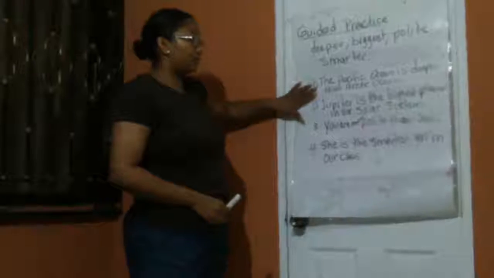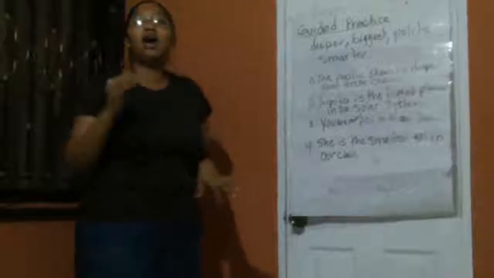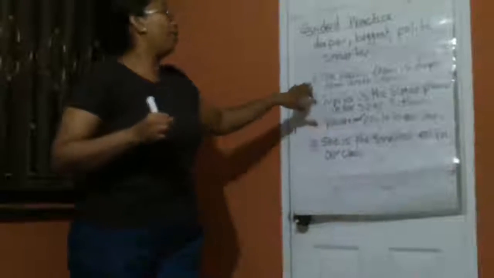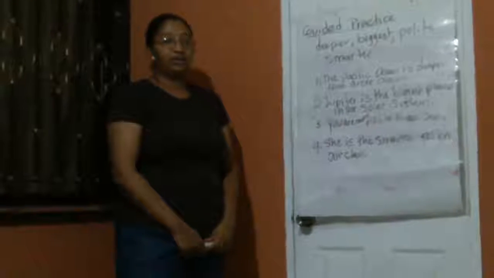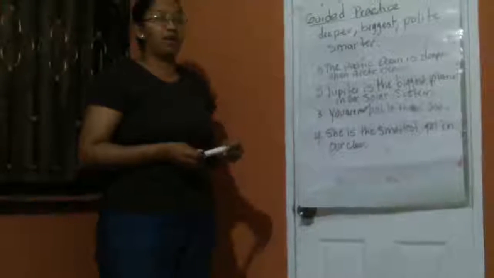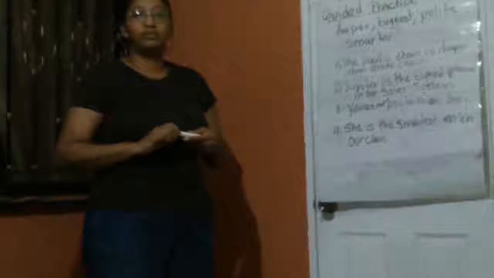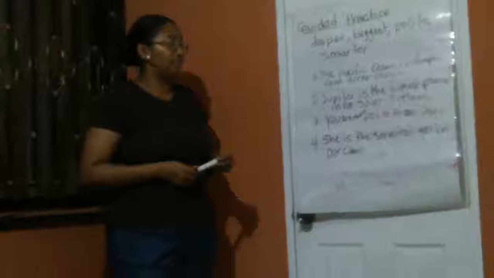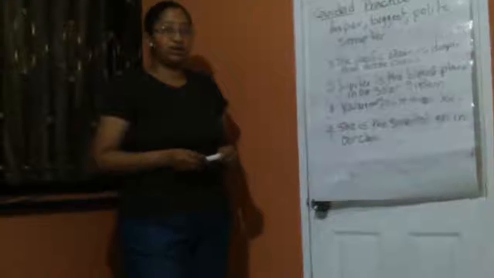Now, I would like you to repeat the sentence and then tell me what it is. Number 1, repeat or read it. The Pacific Ocean is deeper than Arctic Ocean. Okay, and what is it? A comparative. Good. Now the second one. Jupiter is the biggest planet in our solar system.